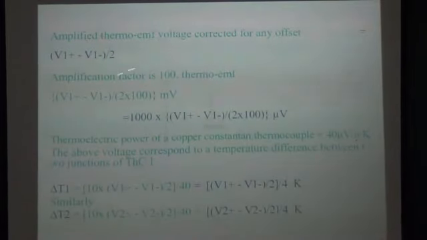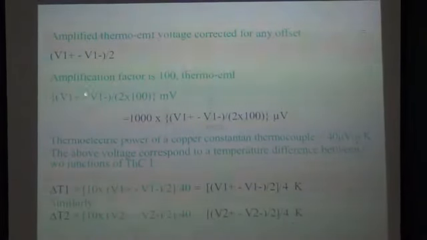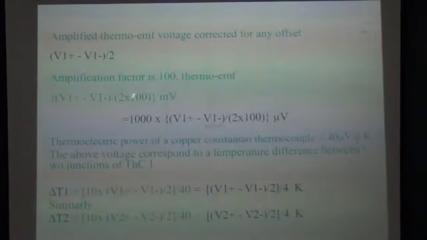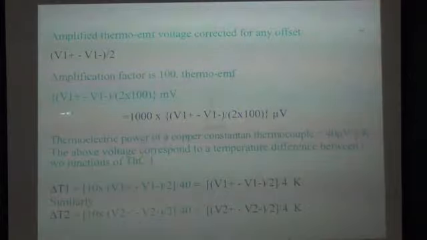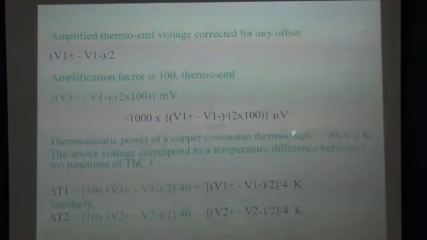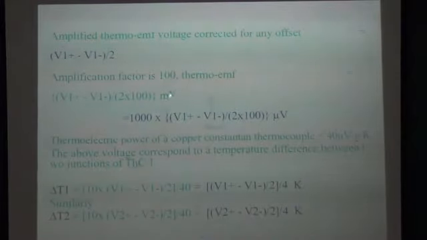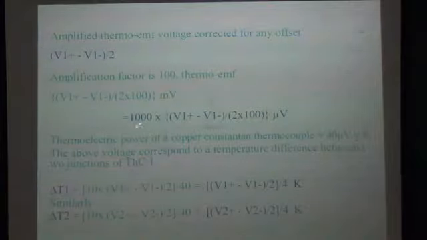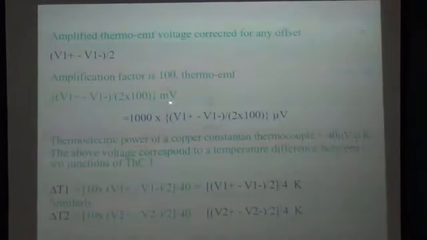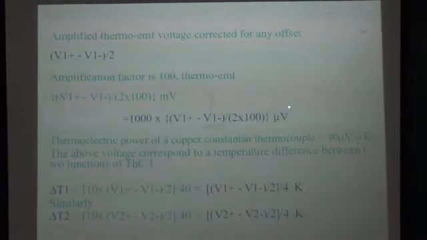So the thermo EMF will be V1 plus minus V1 minus, divided by 2, divided by 100. Now 100 is the amplification factor, so this is the actual voltage. We can rewrite this as 1000 into microvolt, because 1 millivolt is 10 to the power of 3 microvolts.